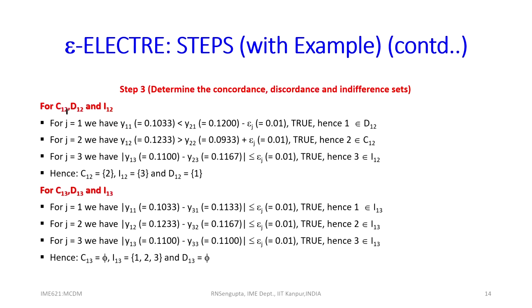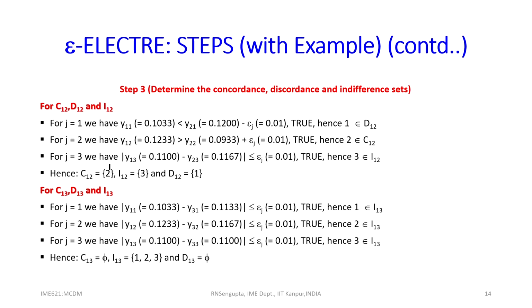When I compare C12, D12, I12, I compare 1 to 2, 1 to 3, 1 to 4, 1 to 1, 1 to 2, 1 to 3 based on the next level of criteria. The sets are, again please go through the slides to clear.